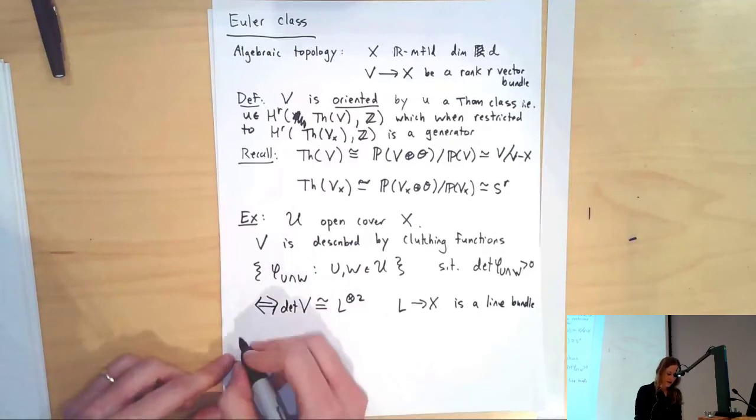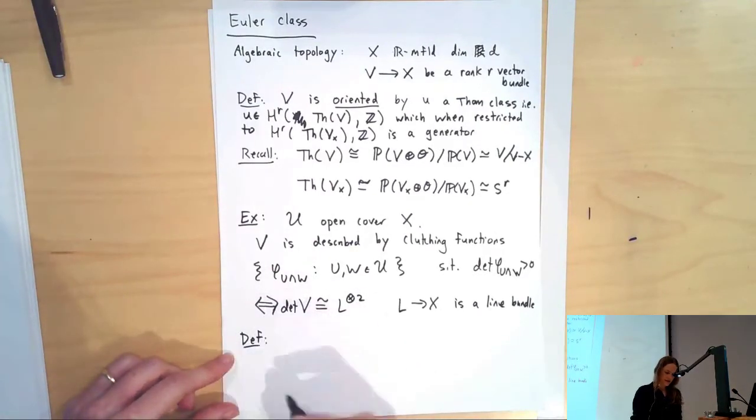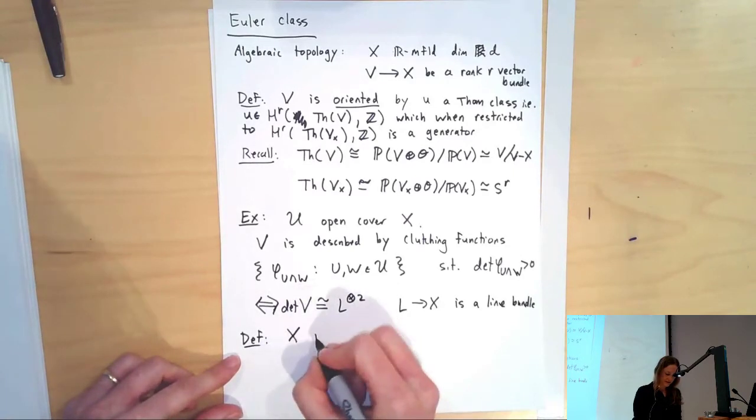Okay, so then X is oriented if its tangent spaces are.